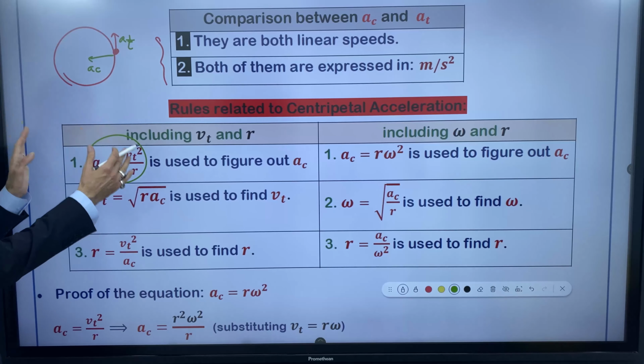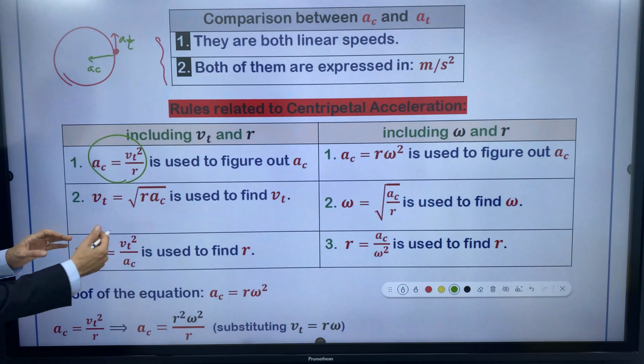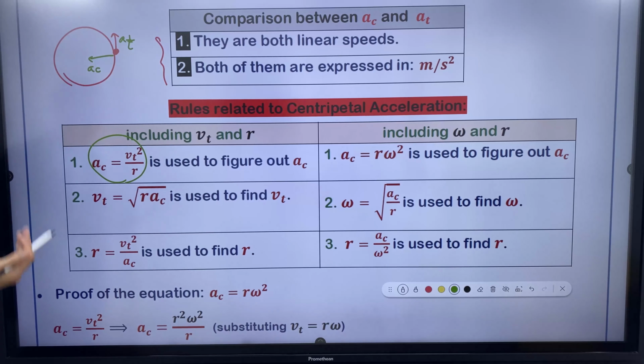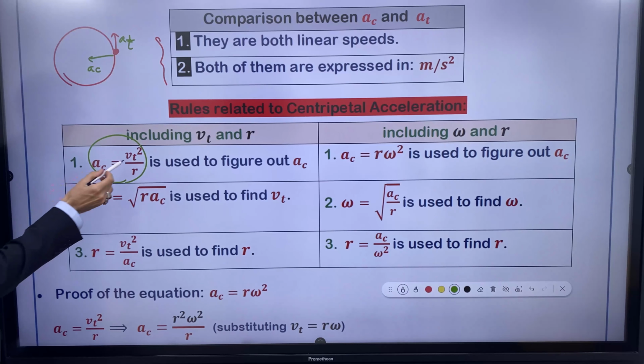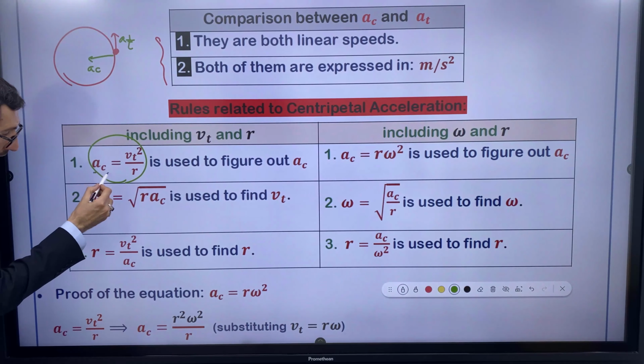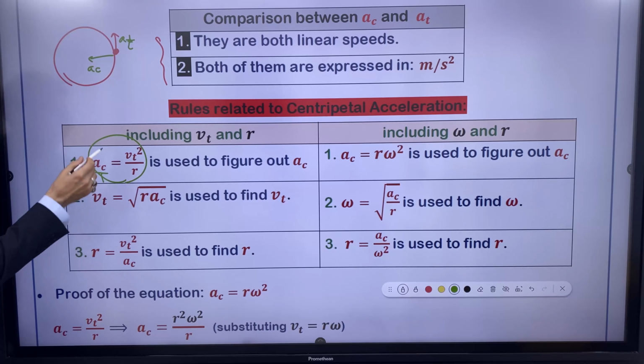I'm just going to read this one first. After that, I move to the second column. So this is the main rule: AC is equal to VT squared over R. I want you to rearrange the equation for VT. Use cross multiplication.